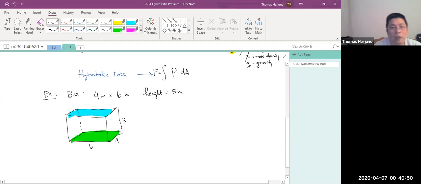Now then, let's first ask, what is the hydrostatic pressure experienced at the bottom of the water? Find the hydrostatic pressure at the bottom of the box.